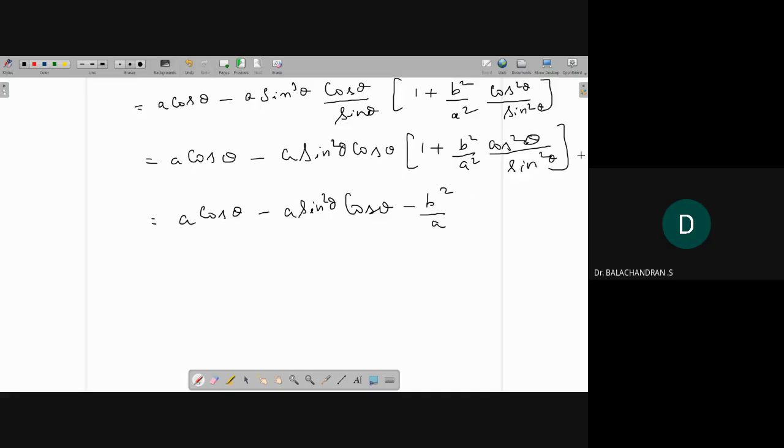Oh, sorry, sine square theta gets cancelled. Only you have cos cube theta. So from this, I'm taking commonly a cos theta. So remaining is 1 minus sine square theta. 1 minus sine square theta is cos square theta. So minus b square by a into cos cube theta.